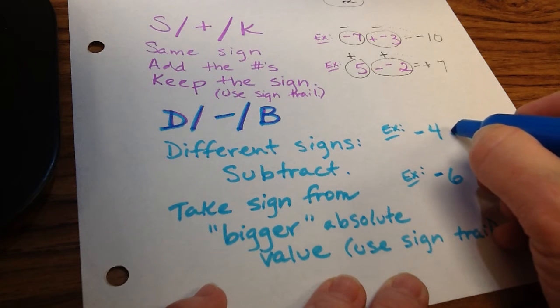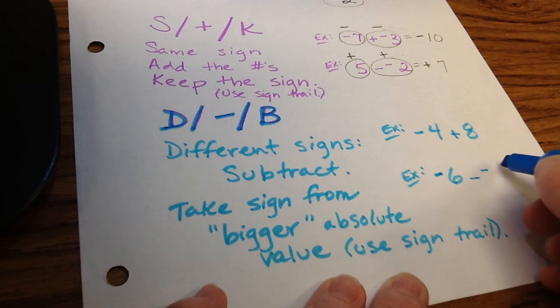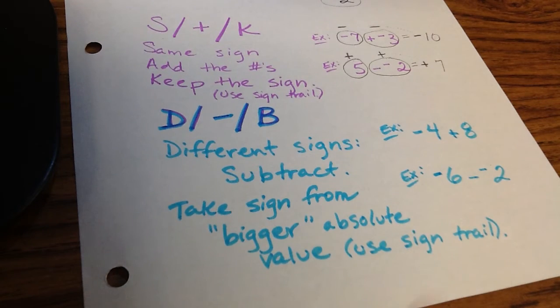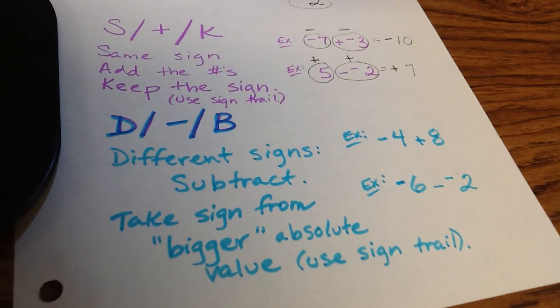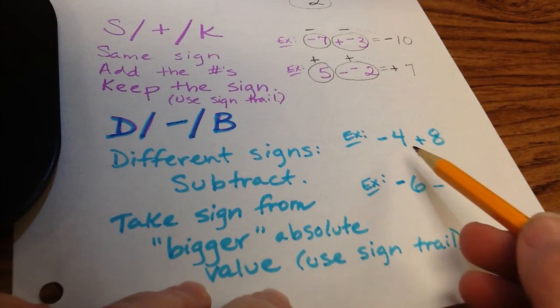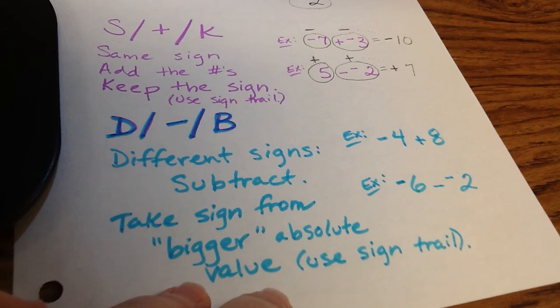I need to fix that. Then I do minus negative 2. Okay, so we're going to be circling, labeling, choosing, and using. Try these two on your own right now and see how you do. Do the circling first.